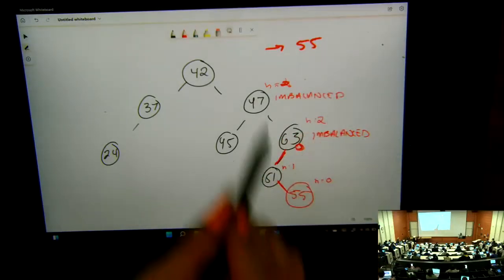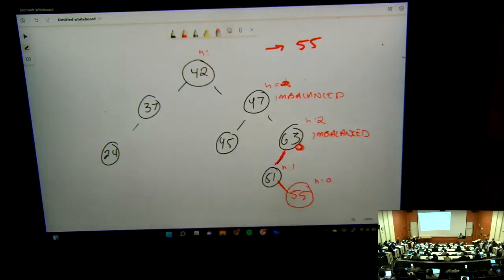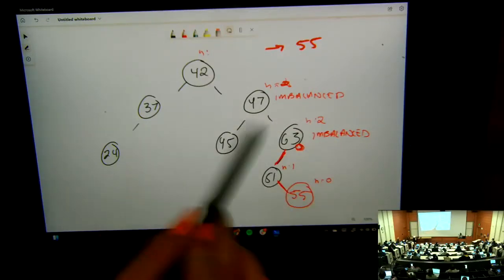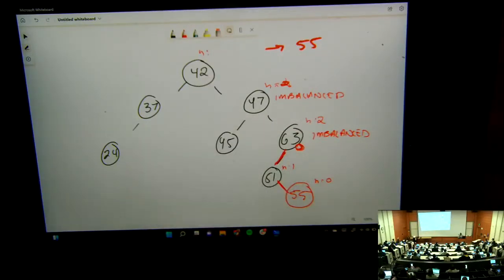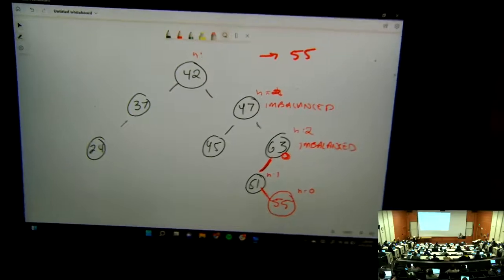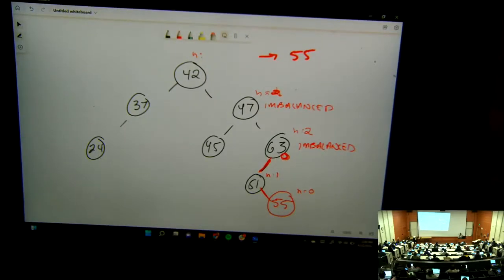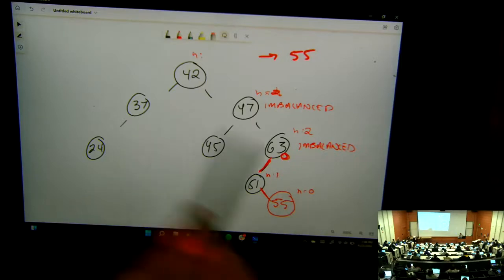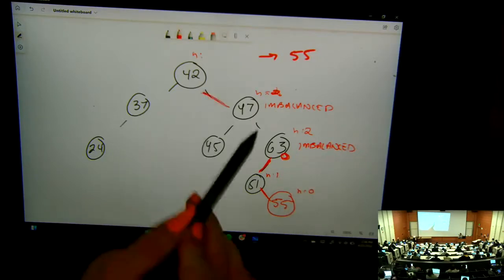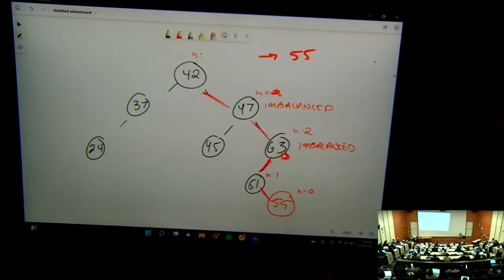And then we come back up, and 42 originally had a height of, what was it, 1, 2 would have been its longest, but now, instead, it's got a height of what? Good question. Ooh, good question. So let's see. Yeah, so 1, 2, 3, 4, right?